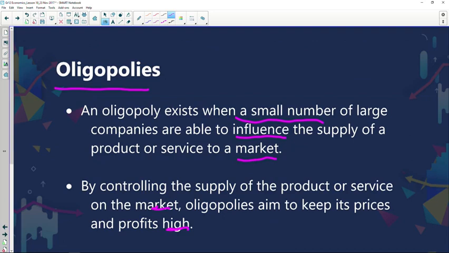So the fact that there's a small number of these large businesses means they actually influence the supply and demand of the product or services, but also they can influence the price and the profits, because they want to sell their product at a higher price, but also maximize their profits.